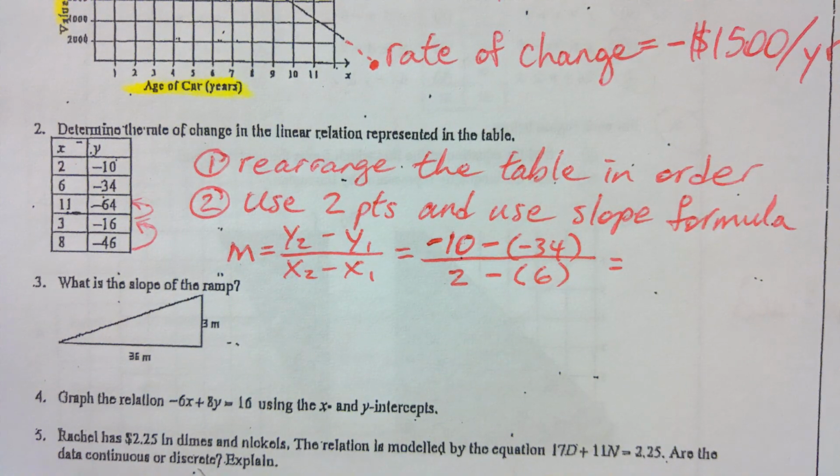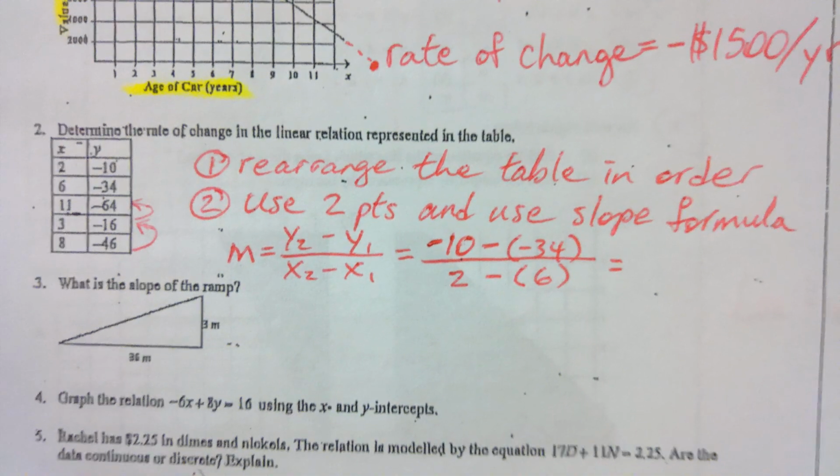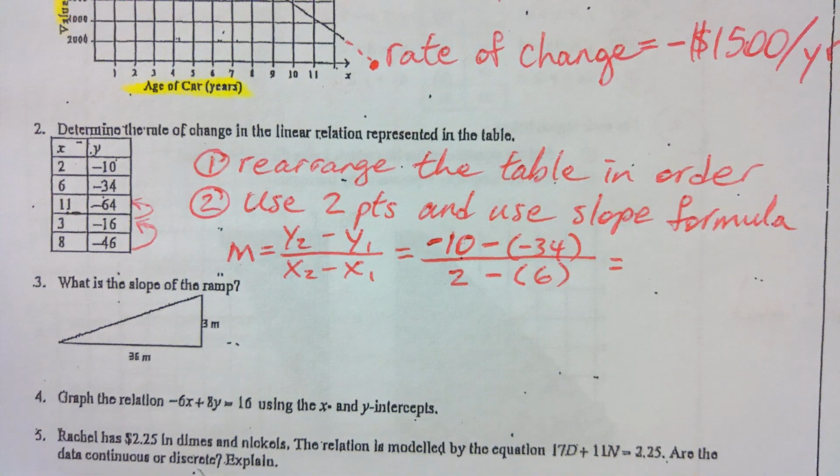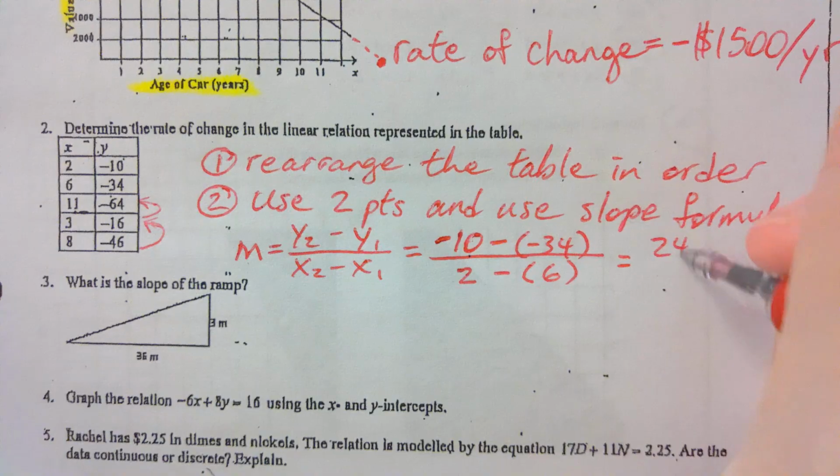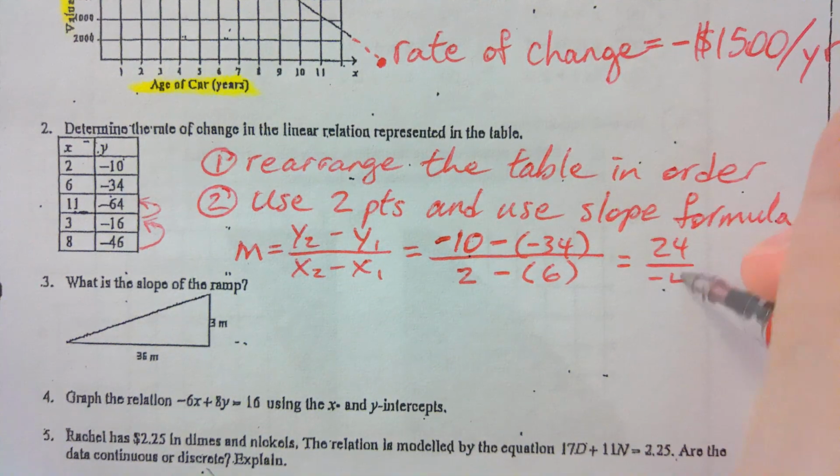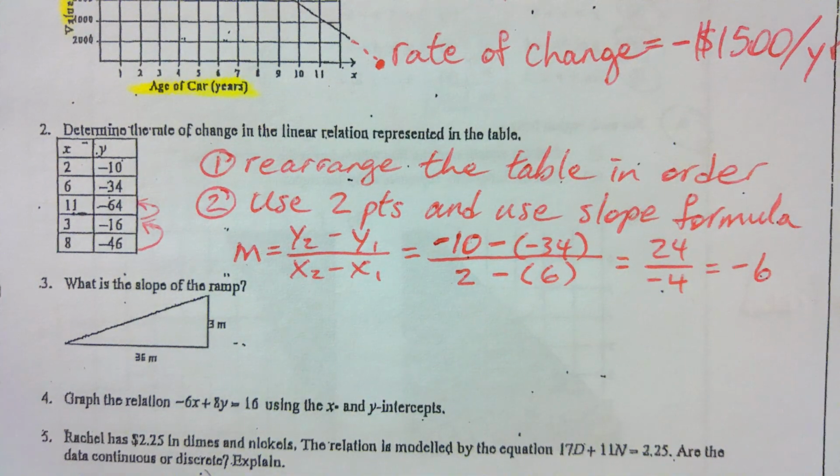Where's my calculator? Somebody took my calculator. I don't know how to use this calculator. Okay, 24 over negative 4. So you get negative 6.